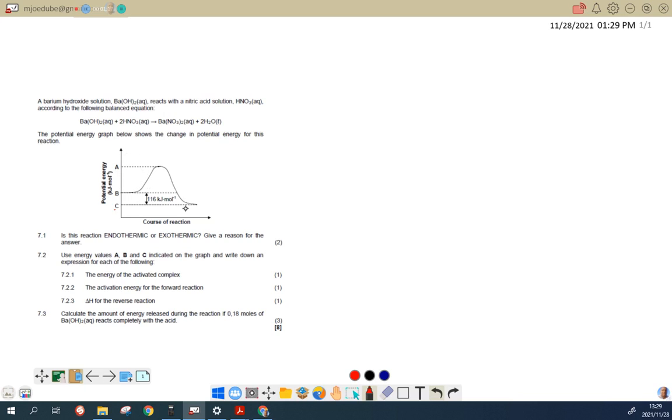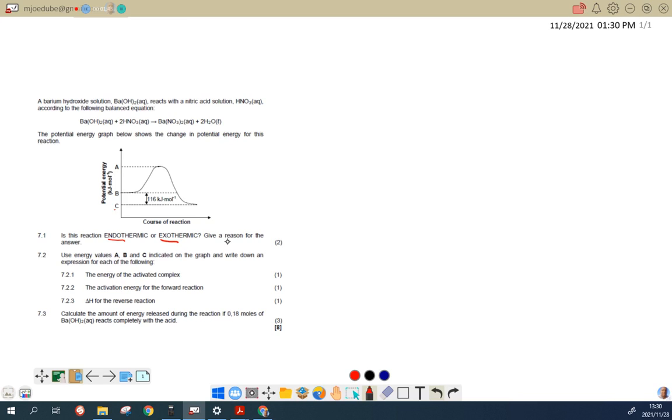Even before you start answering the questions, you should be able to identify what is happening at each stage, and then from there, you should have an idea of what is happening. This course of the reaction is also referred to as the extent of the reaction or the time of the reaction.